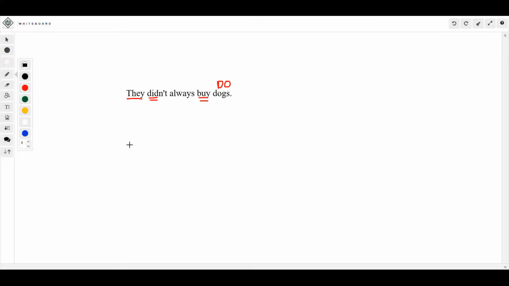Okay, let's do this. Okay, so our subject is they. And then did buy. And then dogs is our direct object. Okay, got all the big things put where they go. So let's go ahead and put the little ones.